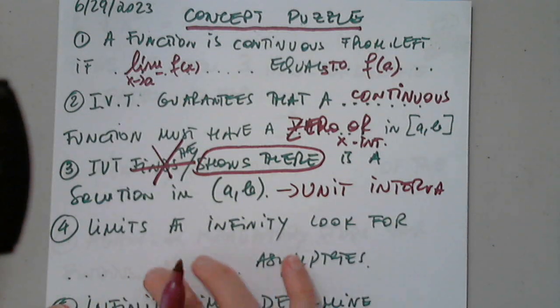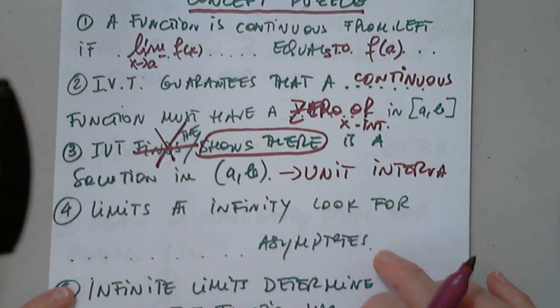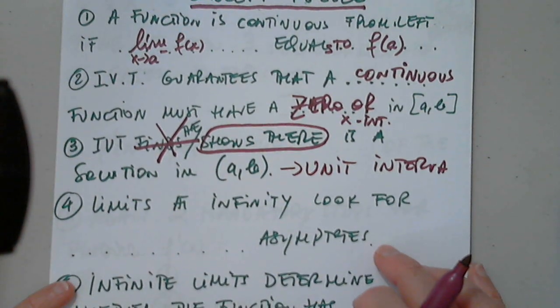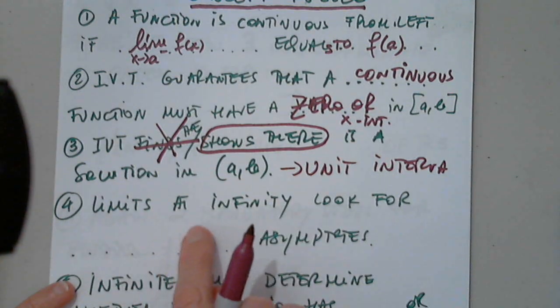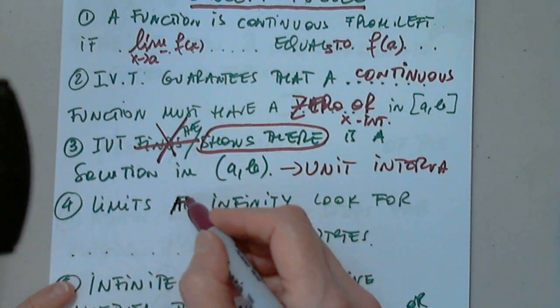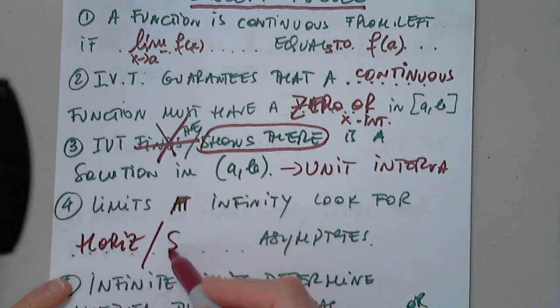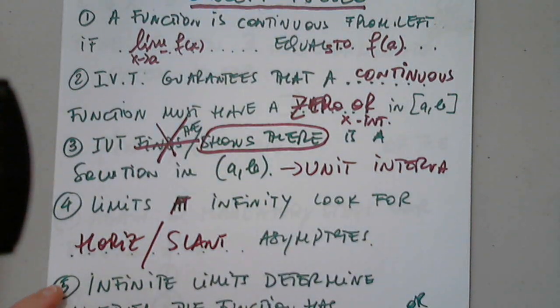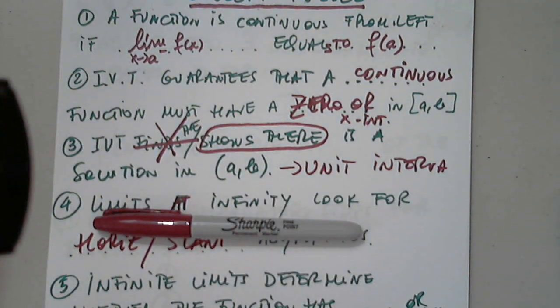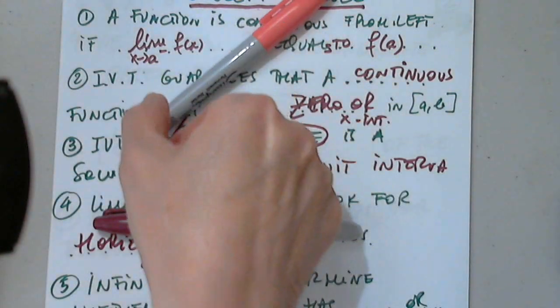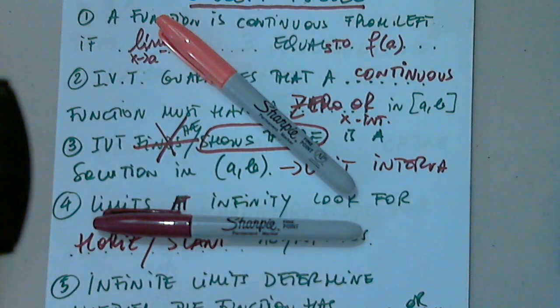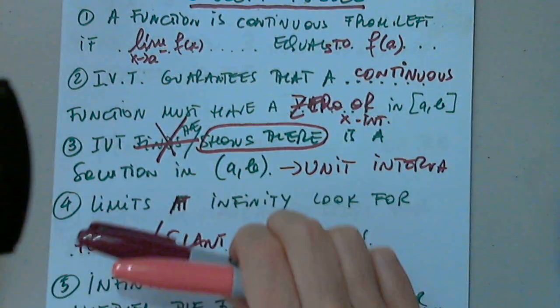Limits at infinity: look for asymptotes. Horizontal? Yes. Horizontal or slant. They're not the same. This is horizontal and this is slant. Okay, awesome.